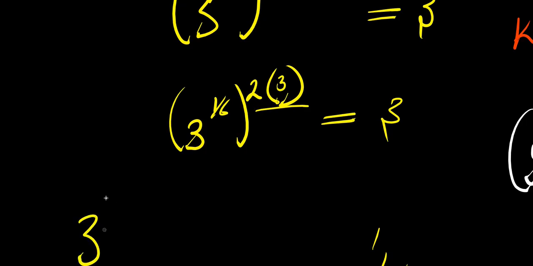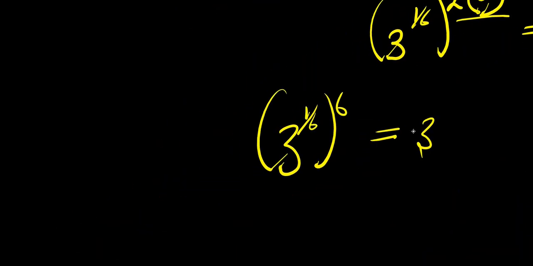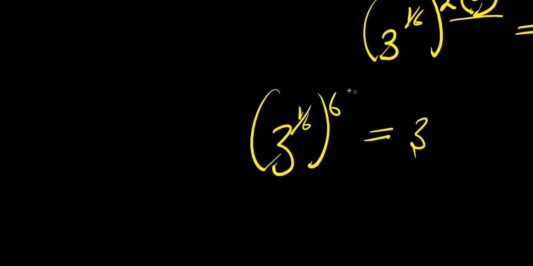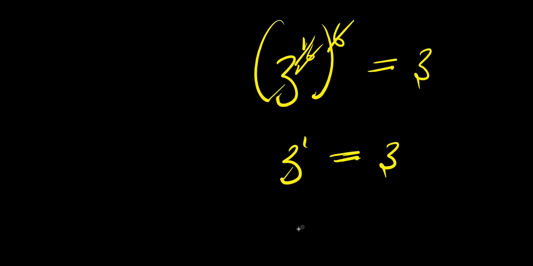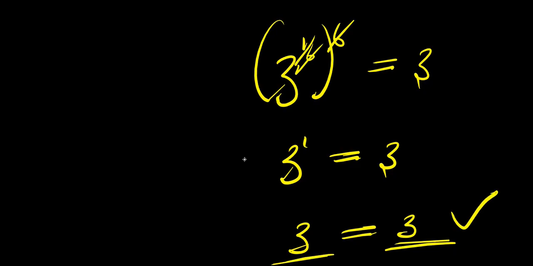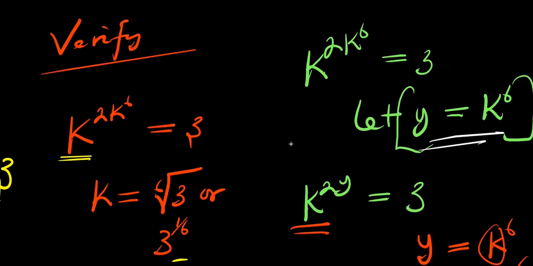So we have 3 power 1 over 6 raised to the power of 6 equals 3. So from here, this eliminates this again. You have 3 power 1 equals 3. And 3 power 1 is 3. So you have 3 equals 3. So both sides are now the same, which means that our solution is correct.